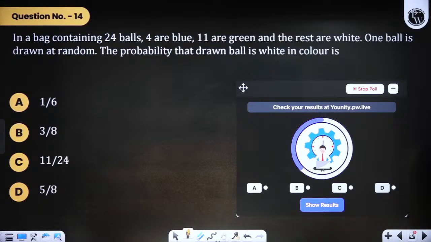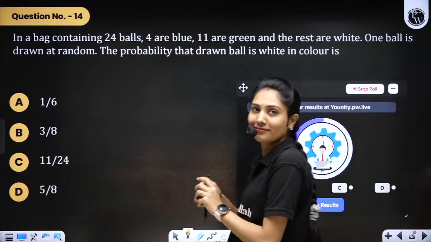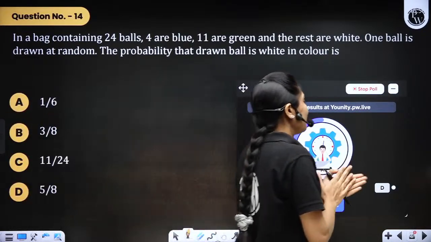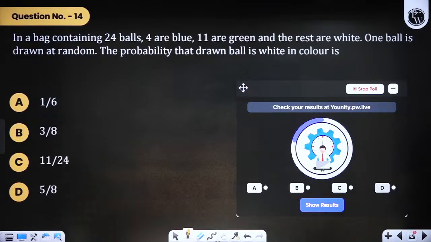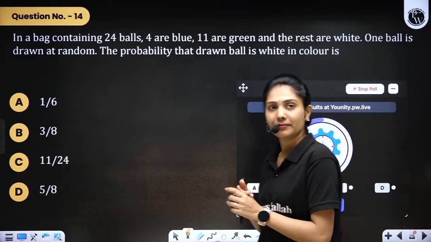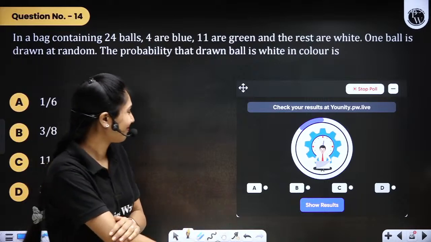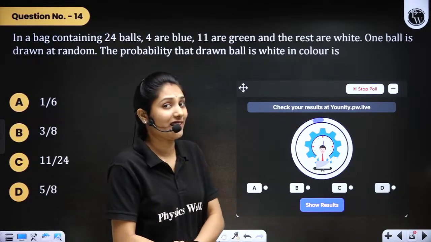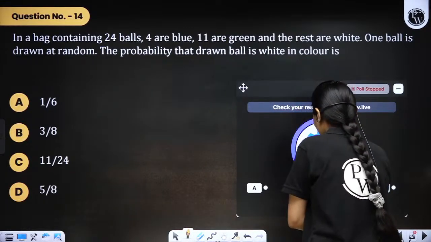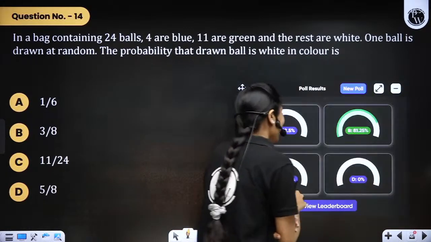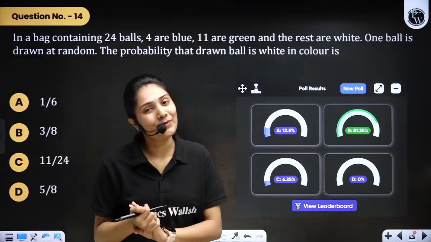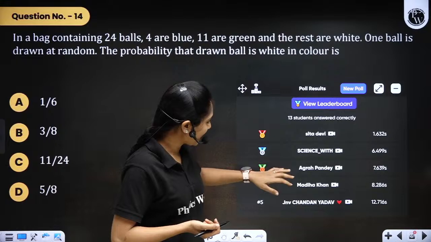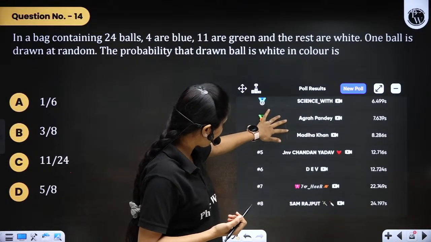Okay, done beta. It's the easiest one, so everyone should get it correct here. And the correct answer is option number B. So 81% of you are correct here. Good. Very good, Sita. Then science again and Agra. Very good, beta.